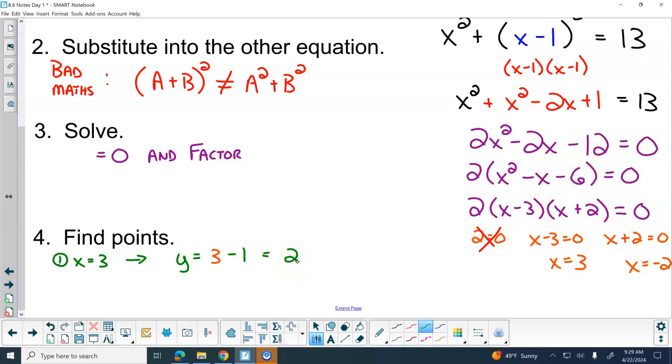Then I'm going to have to do my x equals negative 2 and plug that back into y equals x minus 1, which is negative 2 minus 1, and I get negative 3.